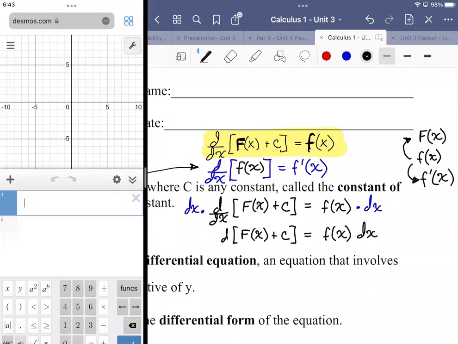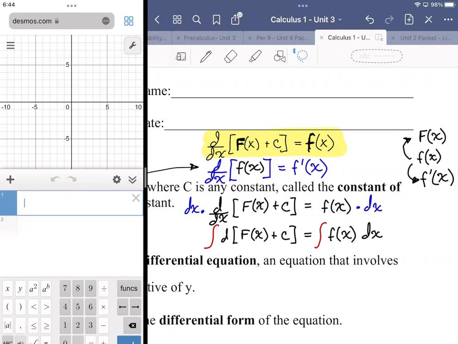The only way to do that would be to reverse derivative this whole thing, which we call an antiderivative. The symbol for that is this funky kind of S. It's an operation that can be applied to both sides of an equation. It's like a square root or a power, or just simply multiplying both sides by a number, right?